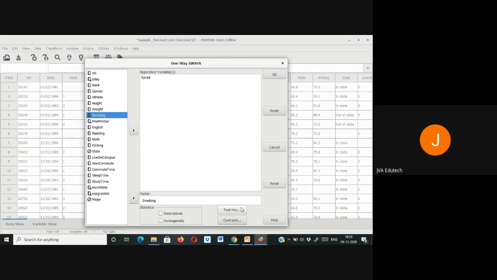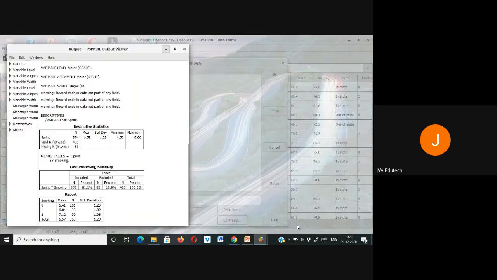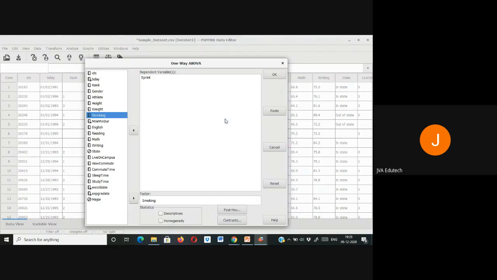Since it has already been shown in the mean values that there exists a difference between the three groups, the means of the three groups were different. Now we want to know more. See, one-way ANOVA will only tell you whether this difference is statistically significant or not.